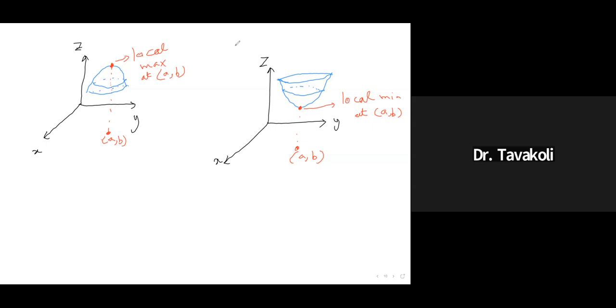So when I have a function z equals f of x and y, the graph is a surface. Just as a reminder, in Calculus 1, a typical graph of y equals f of x, just one variable, was a curve. But here the graph of a function of 2 variables is a surface.